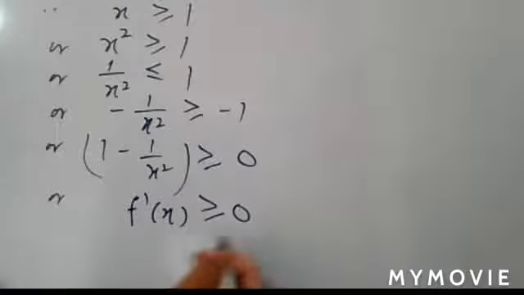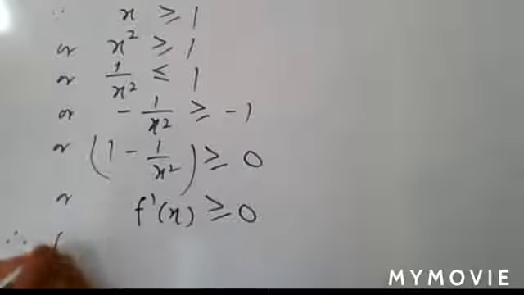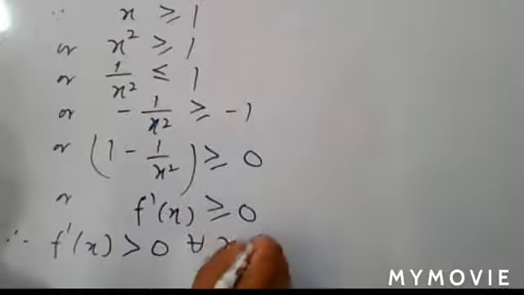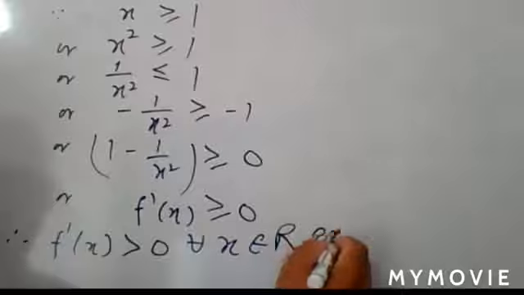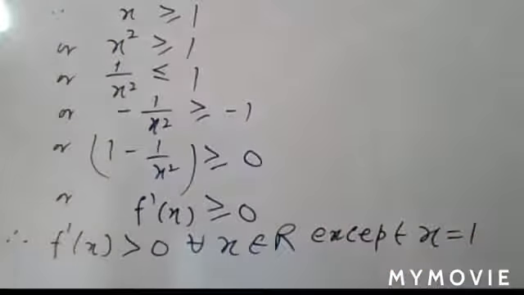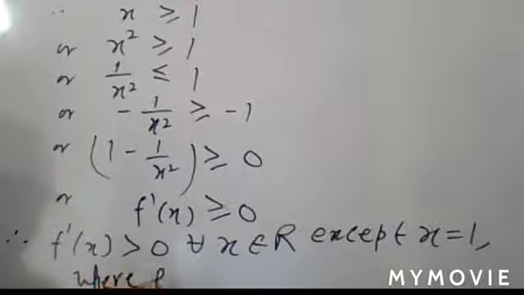Okay, so you write hence. Here you have hence f dash x greater than 0 for all x belongs to R except x is equal to 1. At x is equal to 1, f dash x is equal to 0.